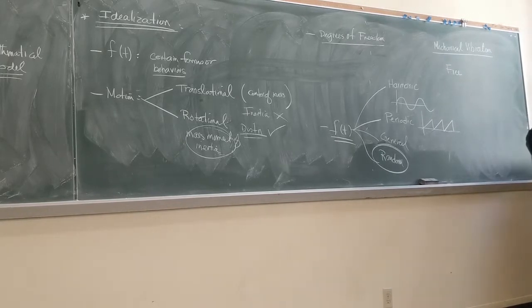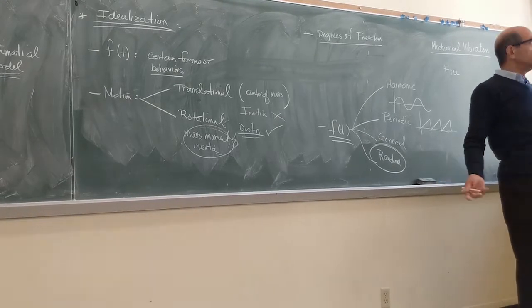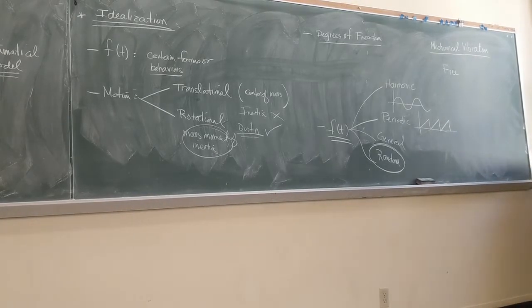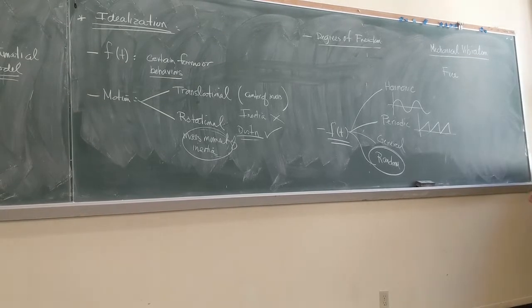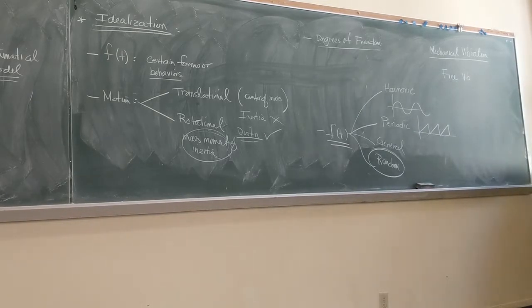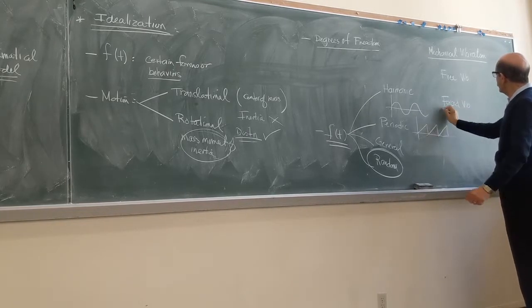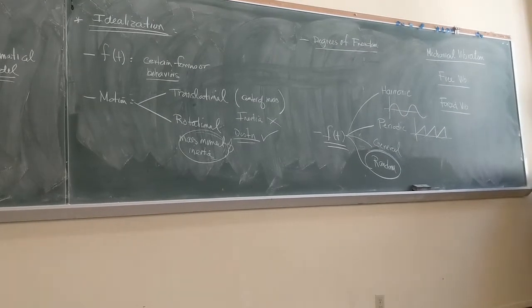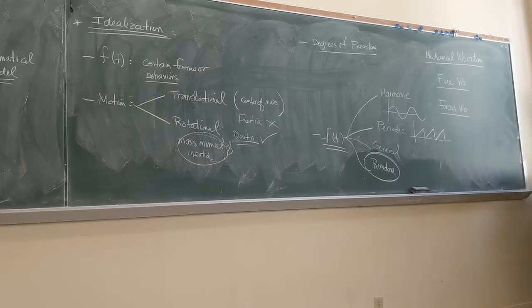But obviously the tree still continues to move. So we call that free vibration because the structure is vibrating under the action of no load. Some load existed in the past history, but it no longer exists, but the vibration continues. We call that free vibration. Or the system is vibrating due to the action of a force that continuously is acting on it and exists. We call that a forced vibration. Okay.